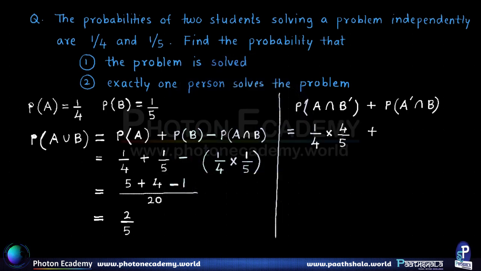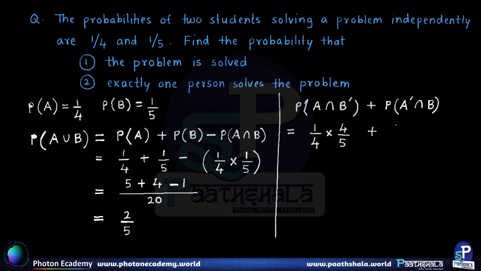The second term is, similarly, we split P of A dash intersection B as a product, that is P of A dash. Here P of A is 1 by 4, so P of A dash will be 3 by 4, multiplied by P of B as it is, that is 1 by 5.